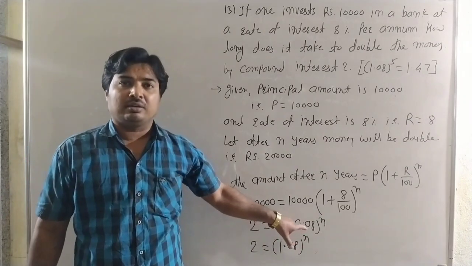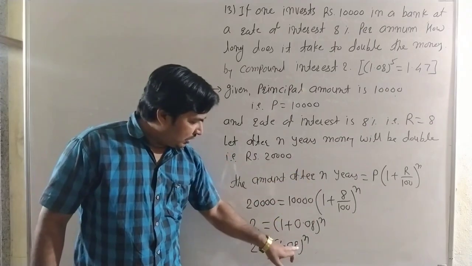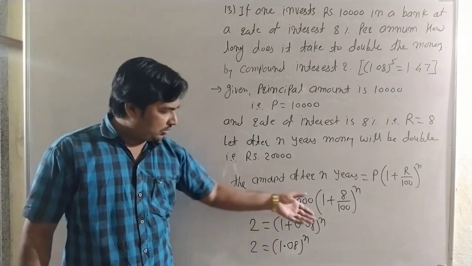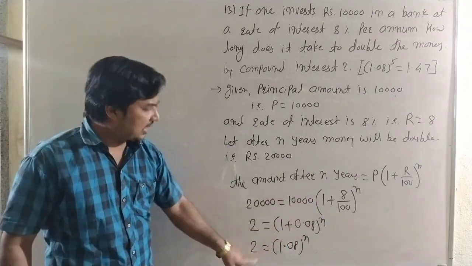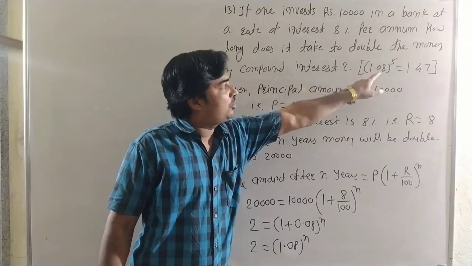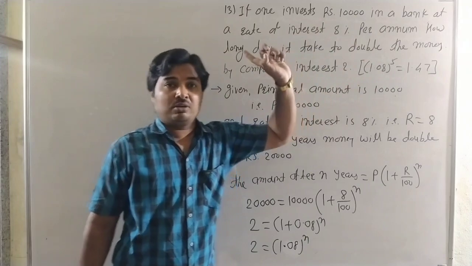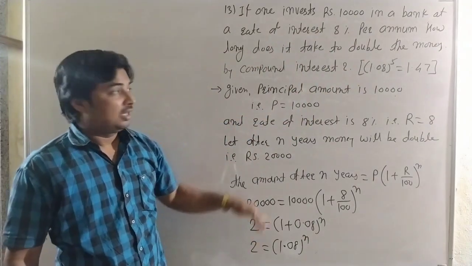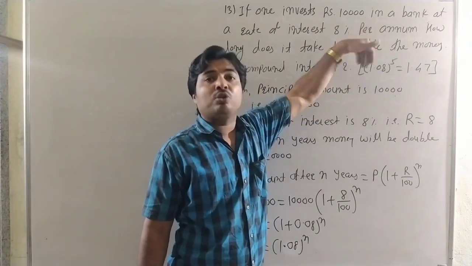When we take n as 2, 3, 4, 5 and so on, the given value of 1.08 to the power 5 is 1.47, and 1.47 is not equal to 2. That means we have to calculate a power more than 5.